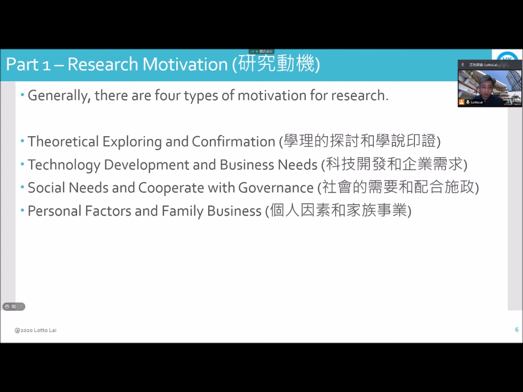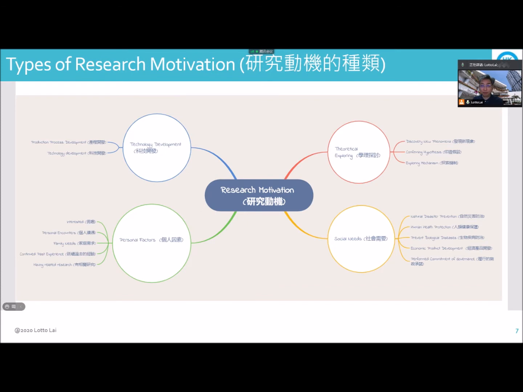Third is social needs and cooperation with the government, a governmental social science type of research, like policy research. And last is personal factors and family business, usually your own interest or your family business interest. These are the four common types of motivation.